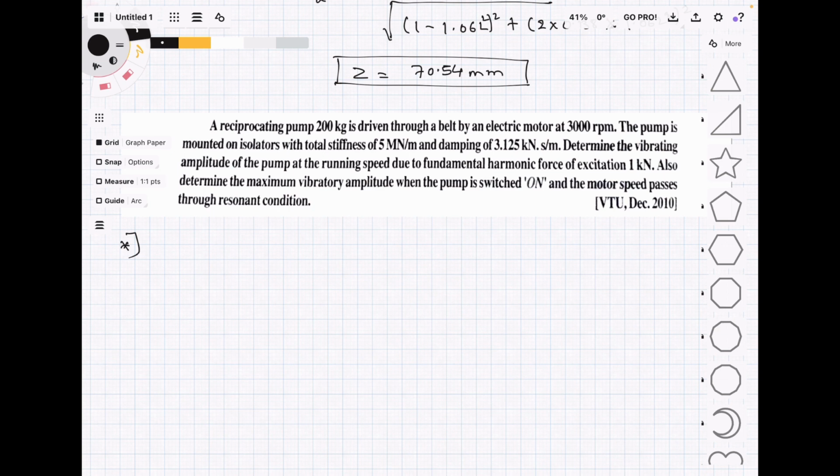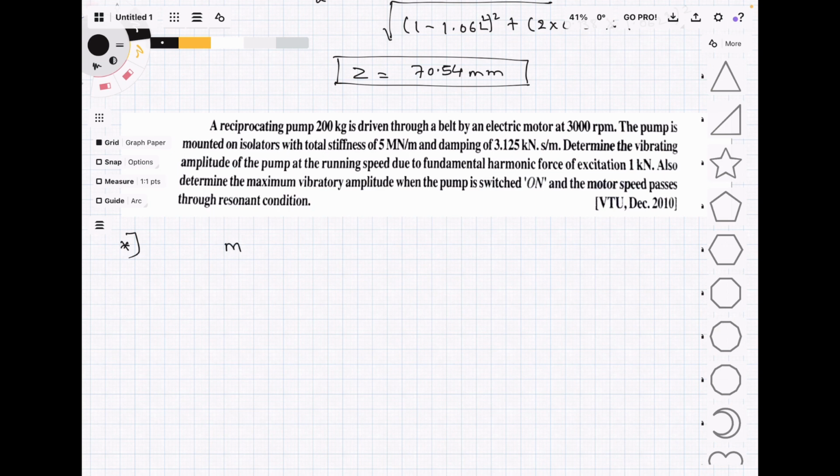Determine the vibrating amplitude of the pump at the running speed due to the fundamental harmonic force of excitation 1 kilonewton. Also determine the maximum vibrating amplitude when the pump is switched on and the motor speed passes through the resonant condition. So if you understand this, what are the data being given?